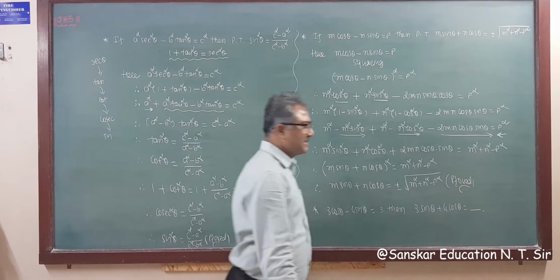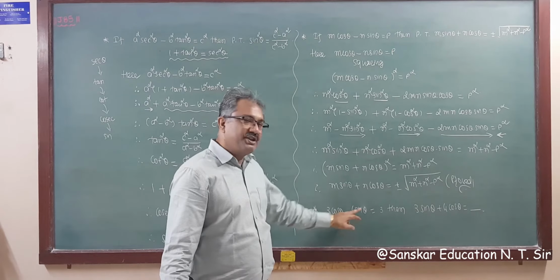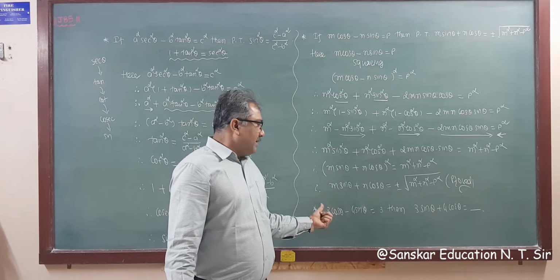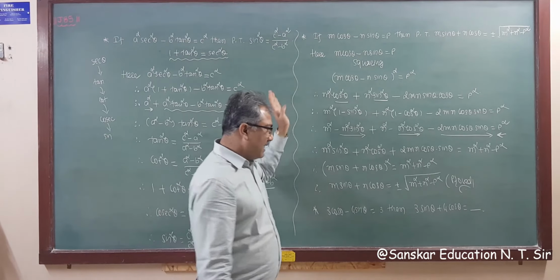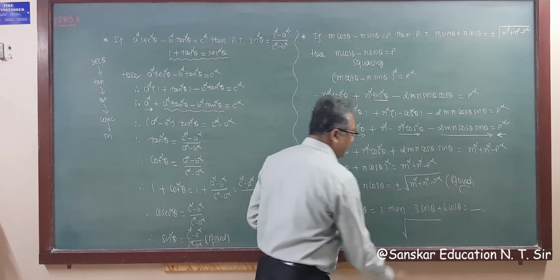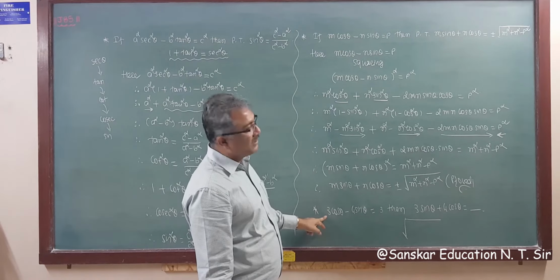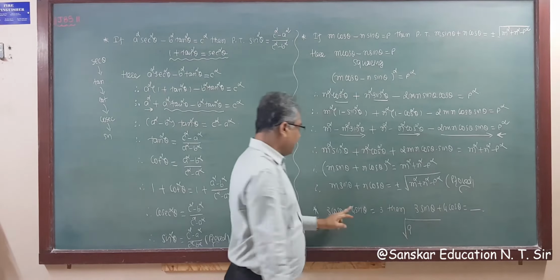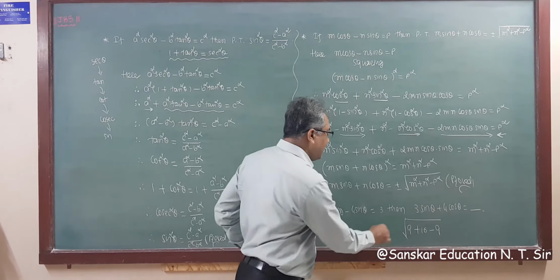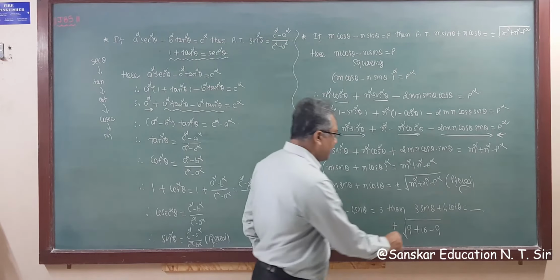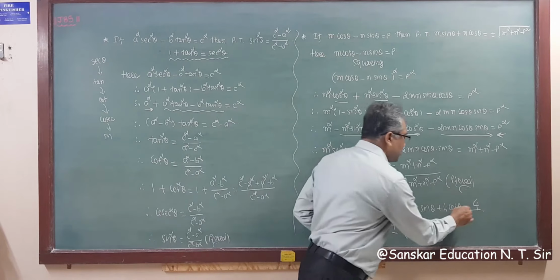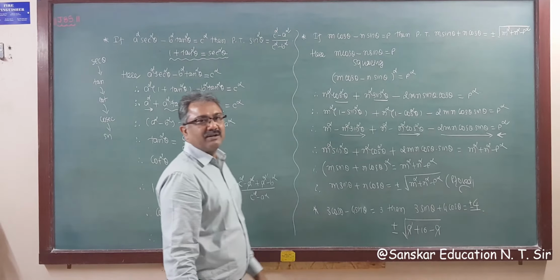See here, the coefficients are interchanged, and instead of minus there is a plus, right? So applying this formula, the answer will be the square root of this square, that is 9, plus this square, that is 16, minus this square, that is 9, and plus or minus. So 9 will be cut. So your answer will be square root of 16, which is 4, plus or minus. So the answer will be plus or minus 4, right?